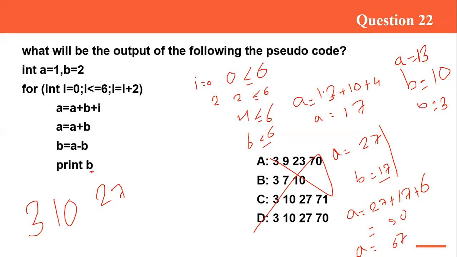That is 27, right? Yeah, my mistake. So here 27. 27 minus 10, B is 17. So the third output we are getting is 17. Am I right?